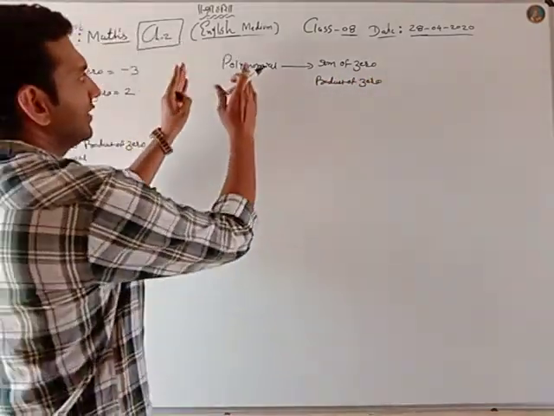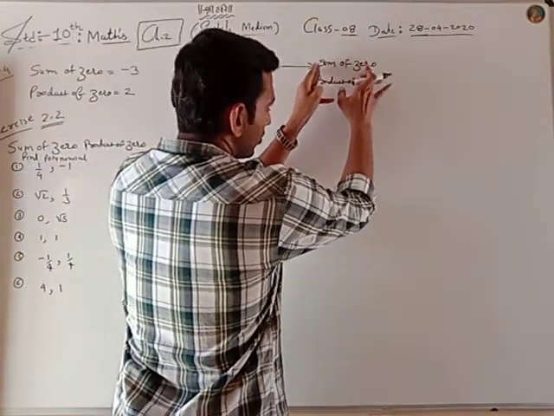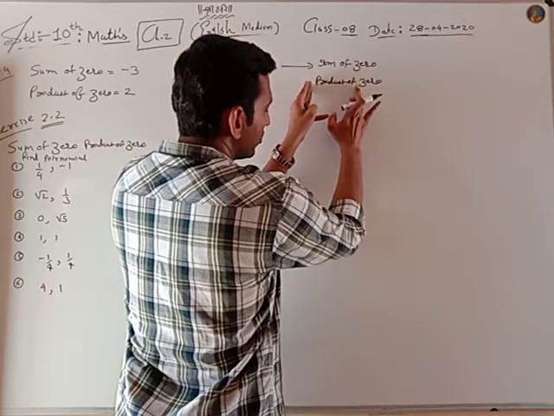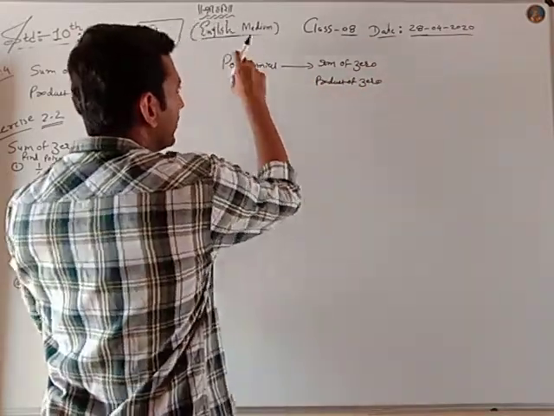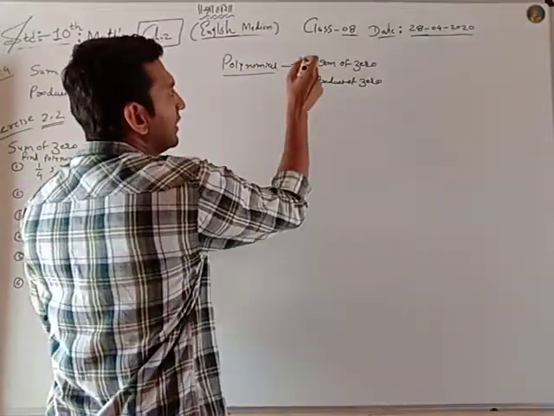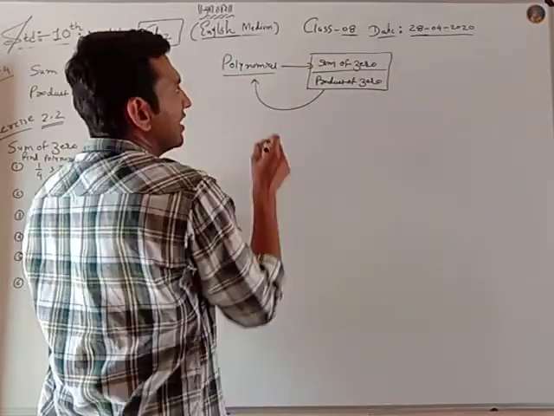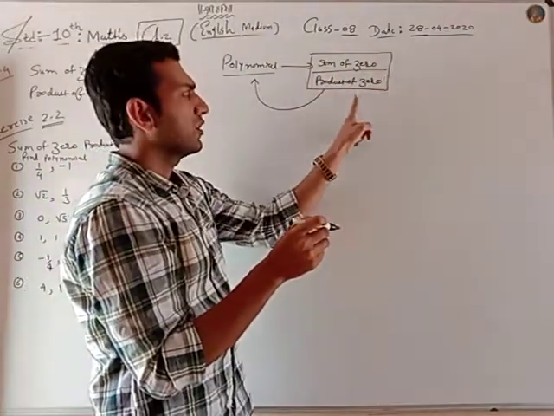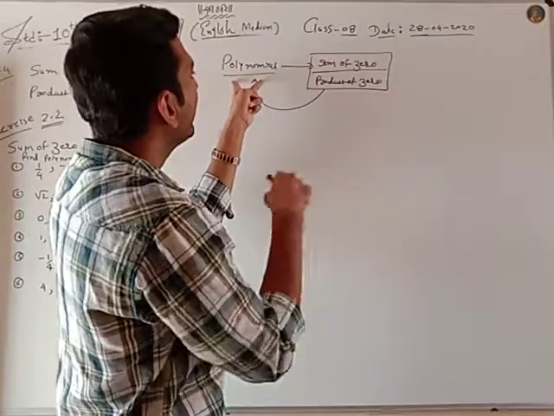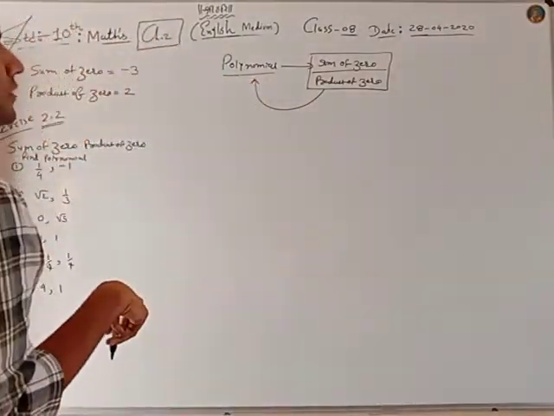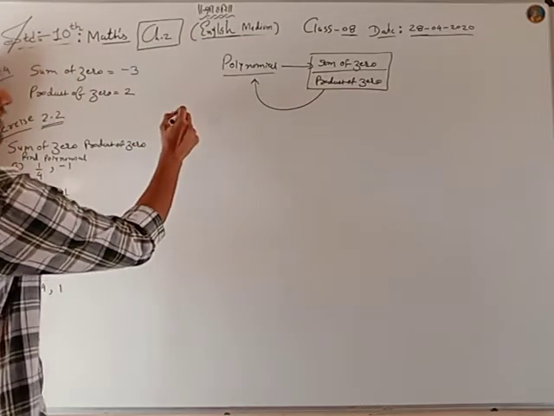Last lecture we learned to find zeros of a quadratic polynomial, the sum of zeros and the product of zeros from polynomials. In this class we learn how to find the polynomial when the sum of the zeros and the product of the zeros are given. Let's see example number 4 in your textbook.